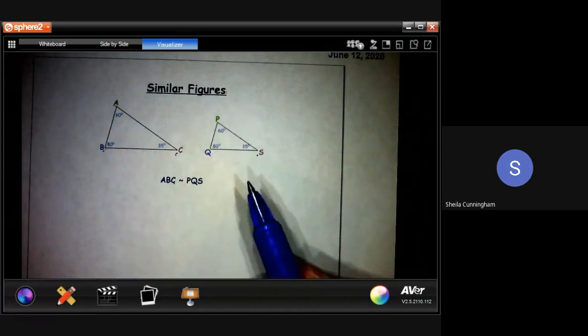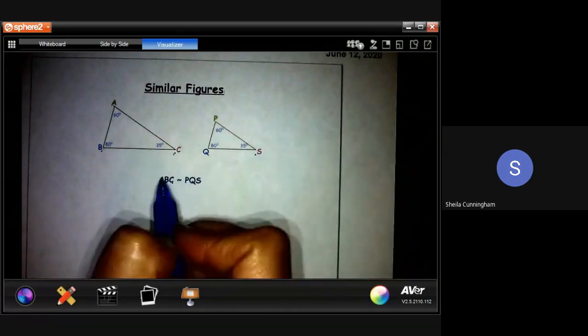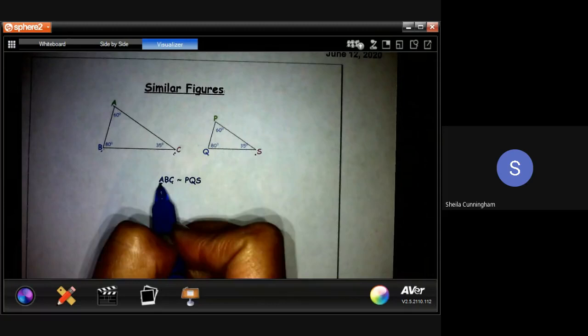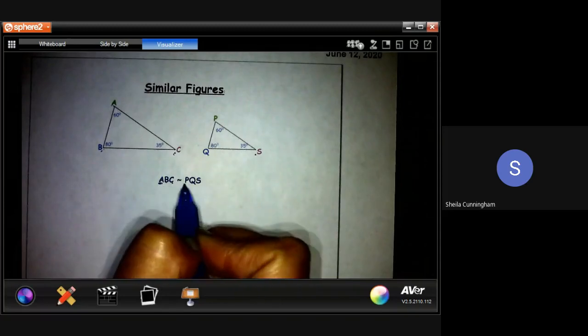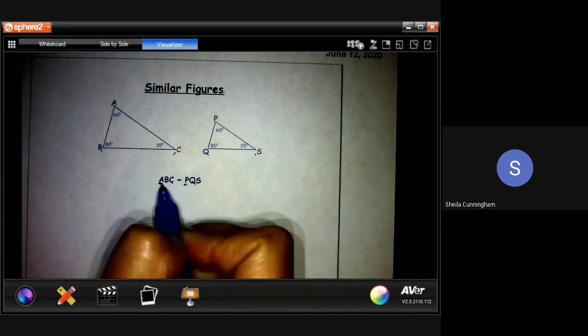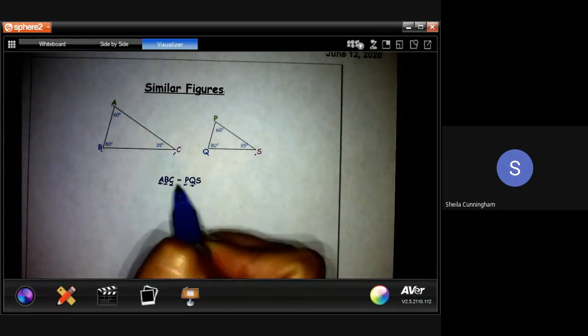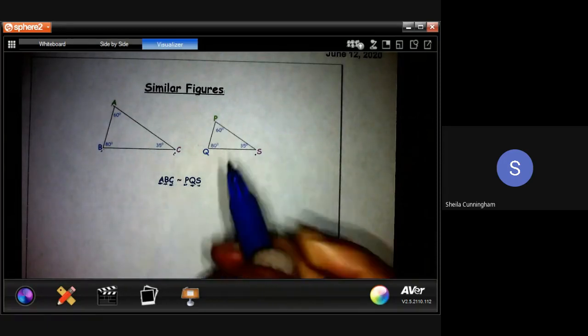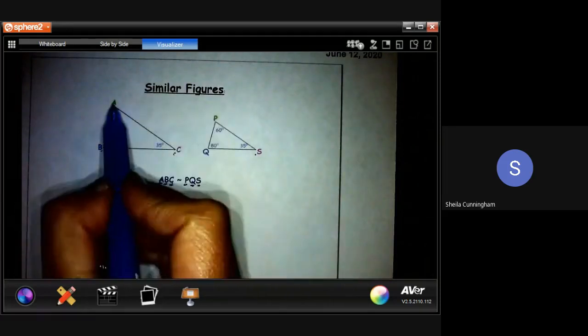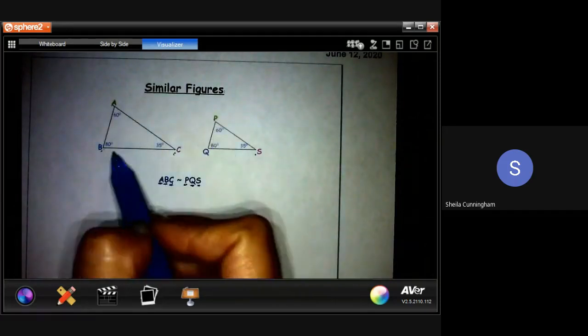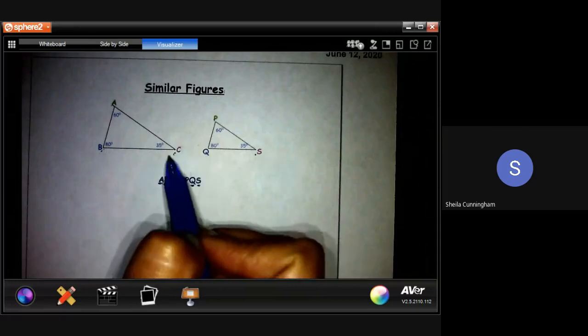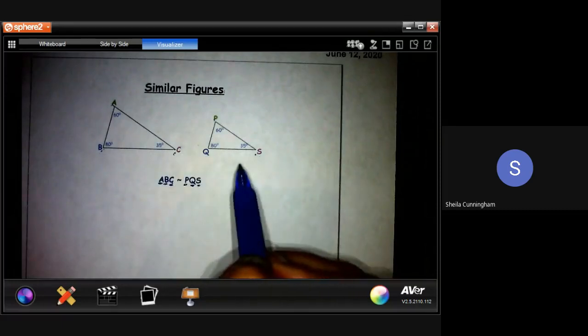They're telling us they're similar. And notice that the vertices, so this A corresponds with this P. This B will correspond with Q. C corresponds with S. So that's why when you start to see in the picture that these are the same kind of colors, shades of colors, you'll notice that they correspond to one another.